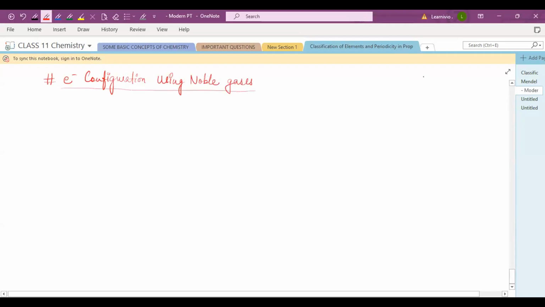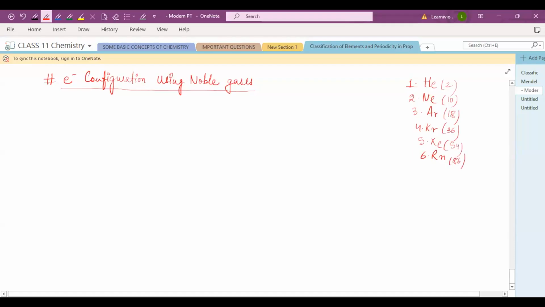Okay, so we know that helium, neon, argon, krypton, xenon, and the sixth one is your radon. Their atomic numbers are 2, 10, 18, 36, 54, and 86.